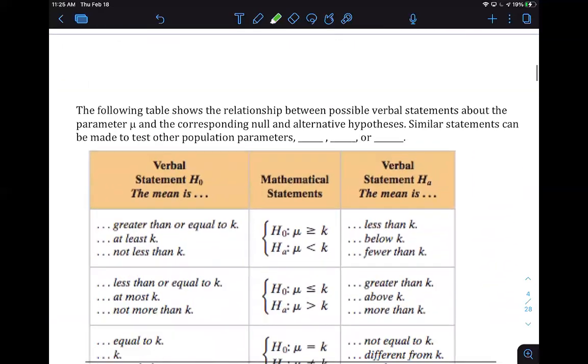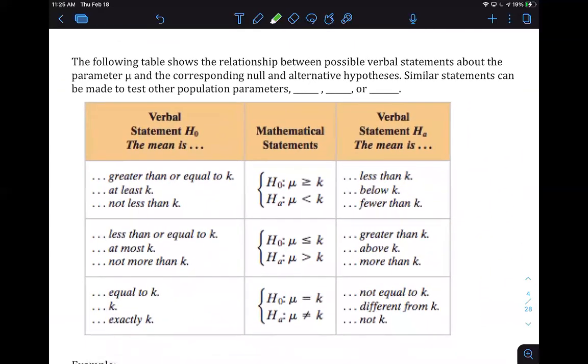The following table gives you the verbal statements that you're going to see and how to write them. You guys have been doing this the entire time. Again, those population parameters are going to be mu, p, or sigma squared, depending on the problem.